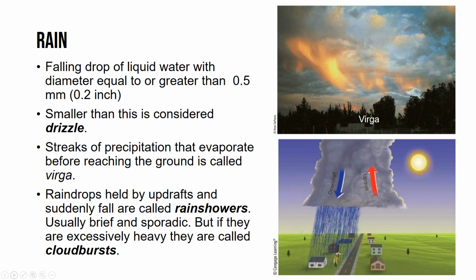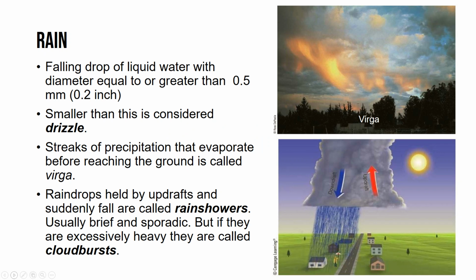I'd just like to remind everyone that in the hydrologic cycle, these processes actually happen at the same time. There is condensation, and there is also evaporation. So precipitation can fall down, and before reaching the ground, it can evaporate.